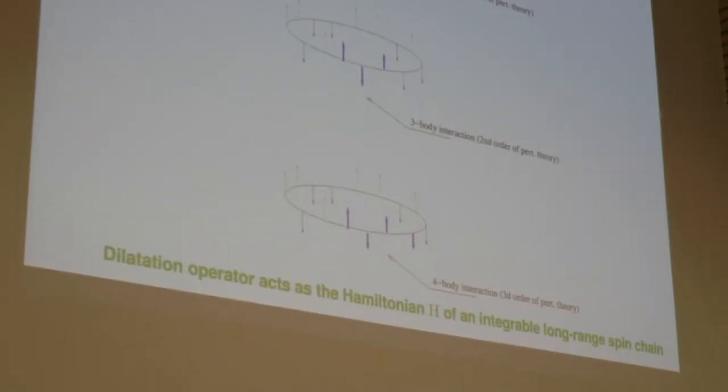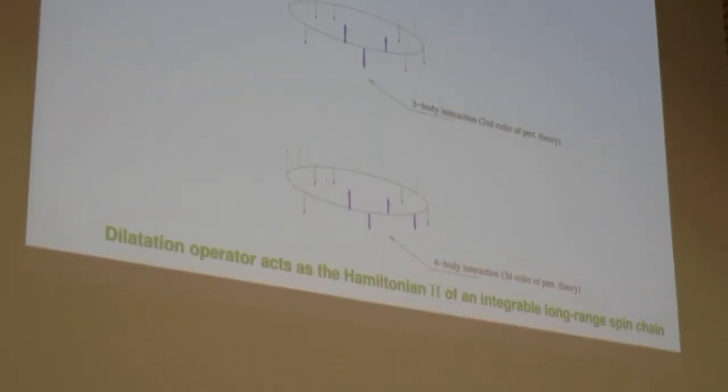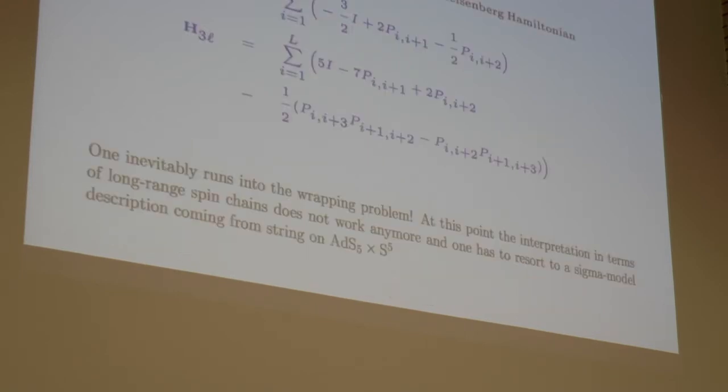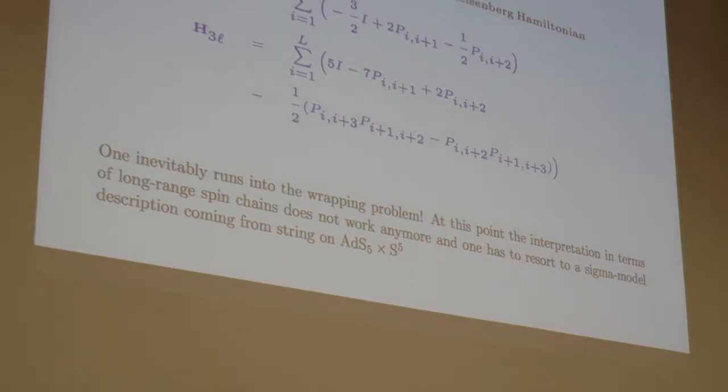involved, and so on. So that means that the dilatation operator gets modified at higher loops, and you can still show that integrability is preserved in a perturbative sense, and the dilatation operator continues to act as an integrable Hamiltonian of a long-range spin chain. Explicitly, I gave you how these Hamiltonians look.